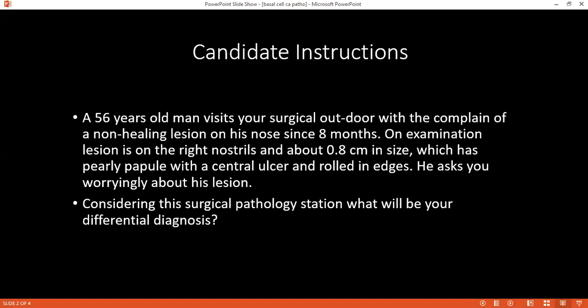Secondary closure is not taking place as planned. There is infection. You take a swab. What is the most likely organism you expect to find there? It would be Staphylococcus aureus. So how would you go about managing that?